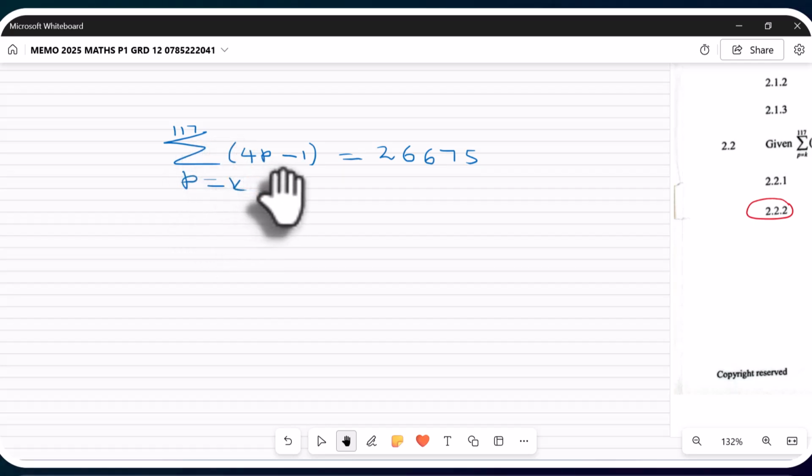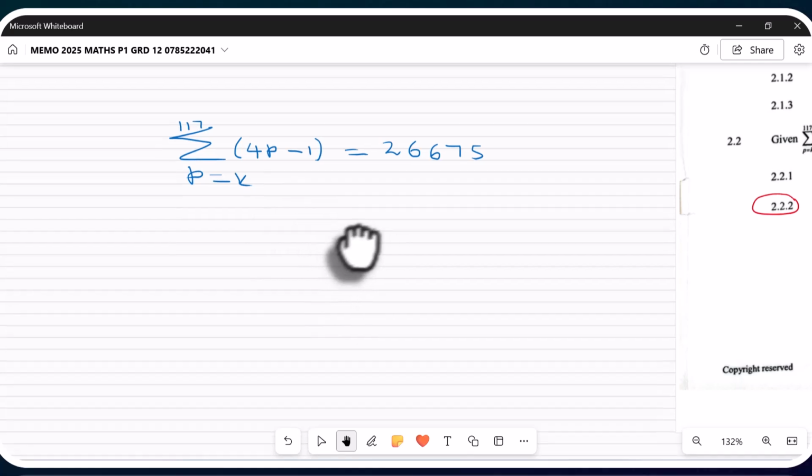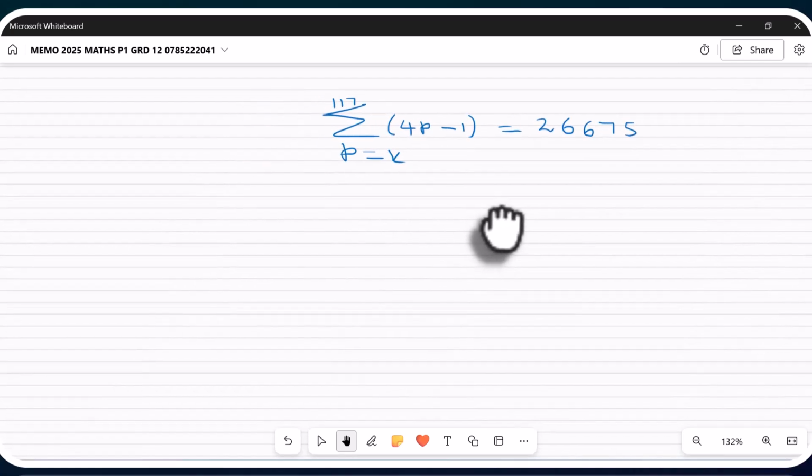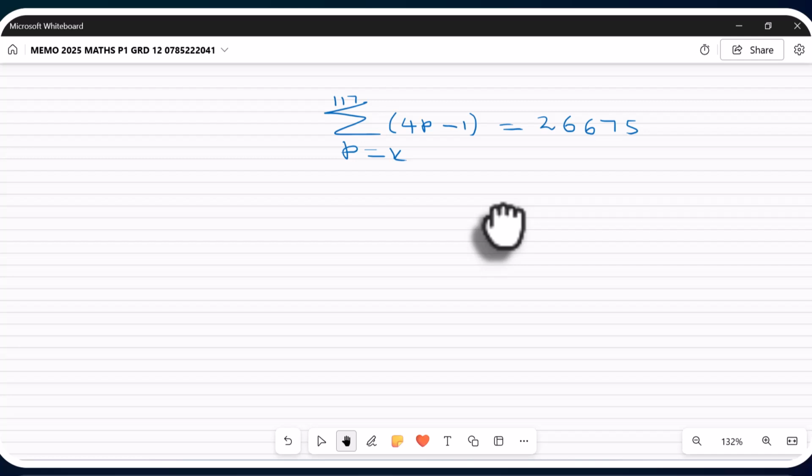Then plus 4 into 2 minus 1, then plus 4 into 3 minus 1. And then plus many times until I reach 117. That is 4 into 117 minus 1.